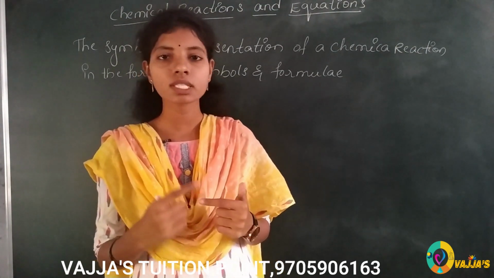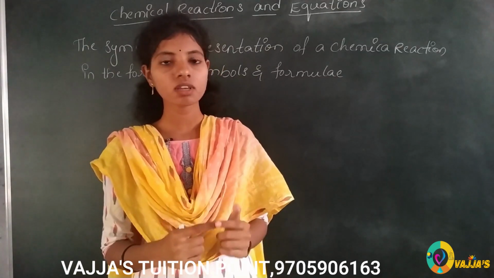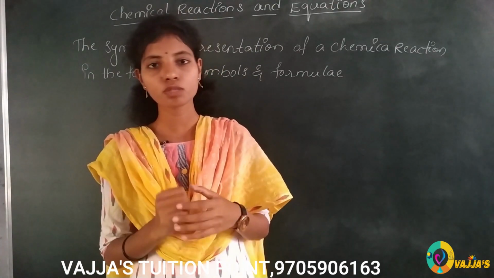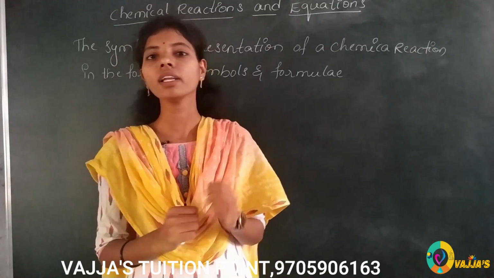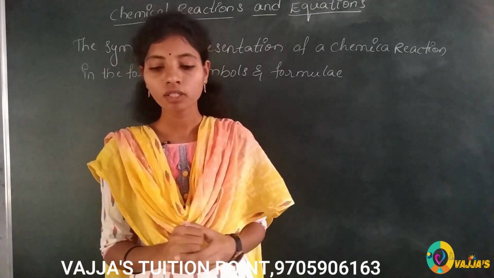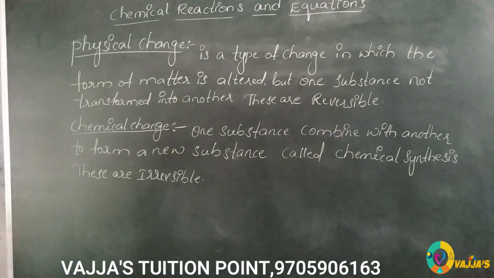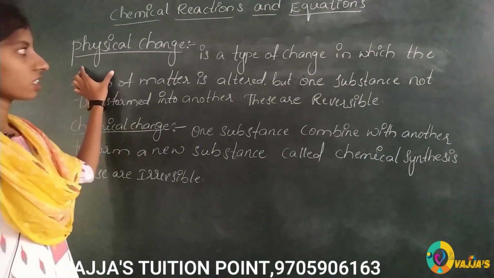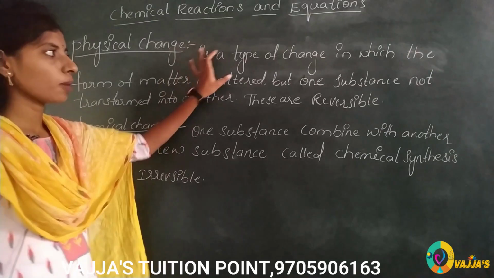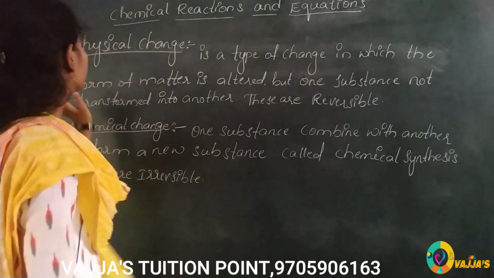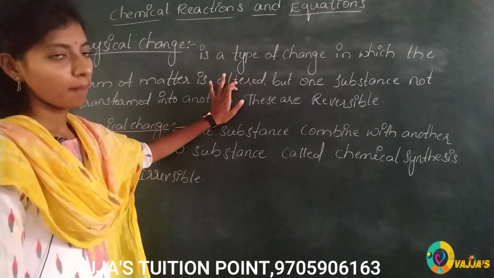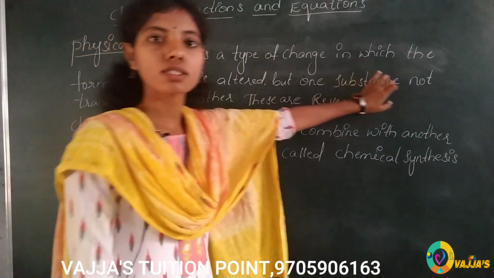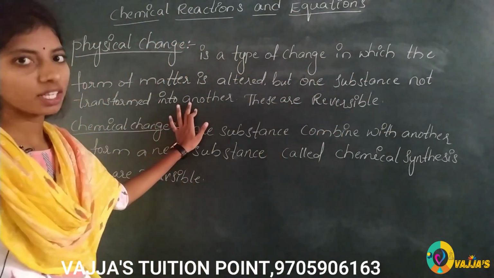Before going to discuss chemical reactions, first we have to know the difference between physical changes and chemical changes. Okay? Physical change. Physical change is a type of change in which the form of matter is altered, but one substance is not transformed into another.